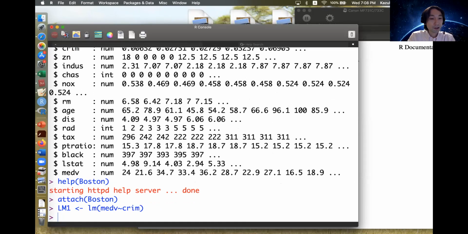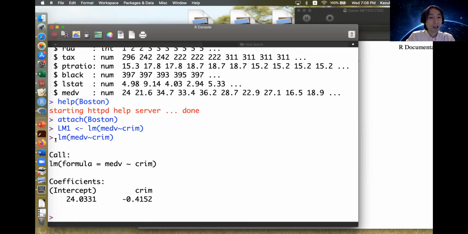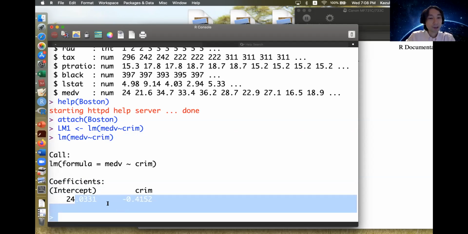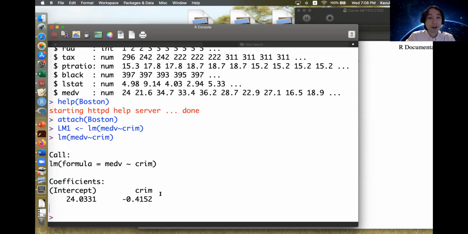Usually it's good to name this object. You can directly type it, but in this case you can just see the intercept and also the coefficient for crime rate. You can see that a higher crime rate means a lower median house value.